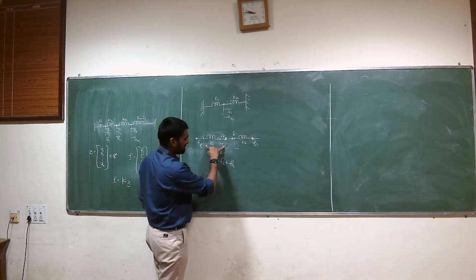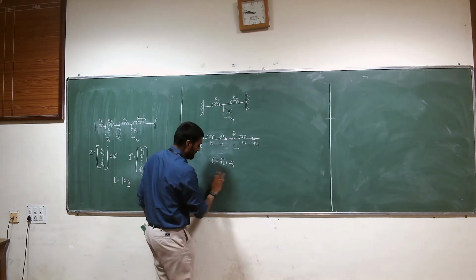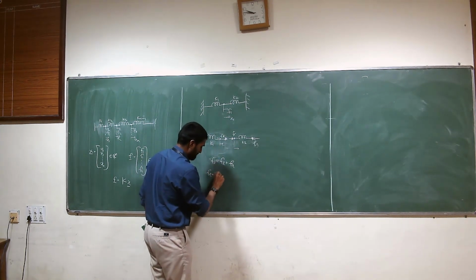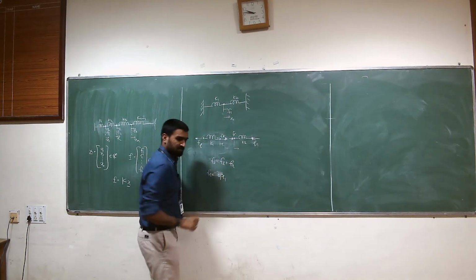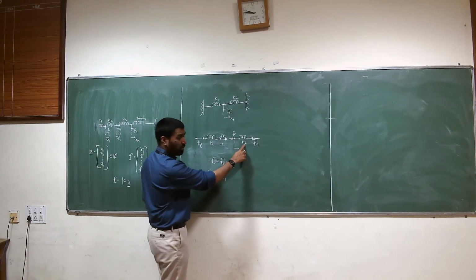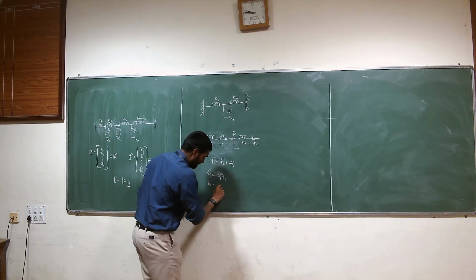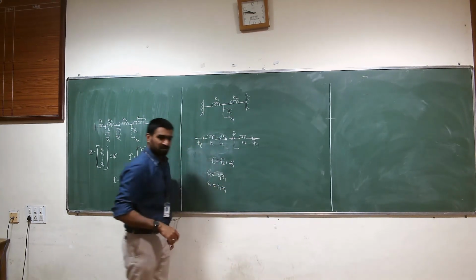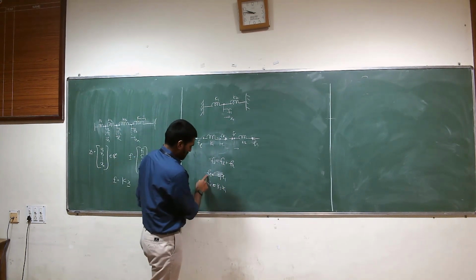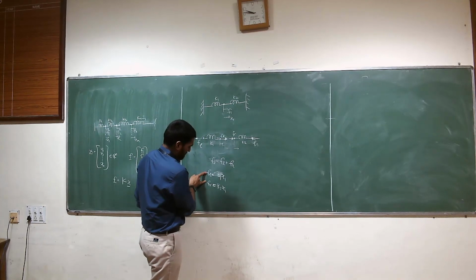The stretching of the spring because of FL would be this, and the amount of compression that the other would undergo would be simply this. Now we know both of these.